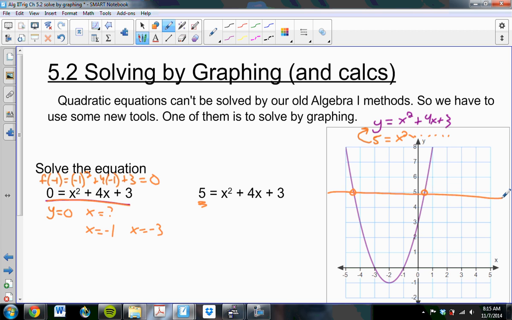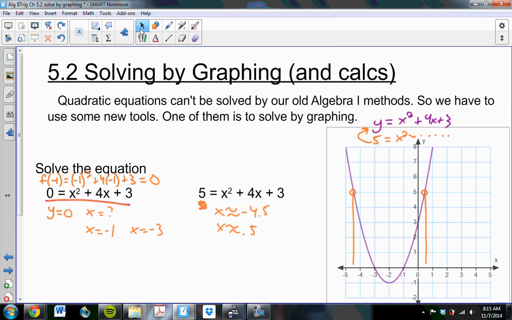So that's on this line where y equals 5. The x values there look like they're -4.5 and 0.5. Those are estimates, so x is about equal to -4.5 and x is about equal to 0.5, and that's when they give me a y value of 5.